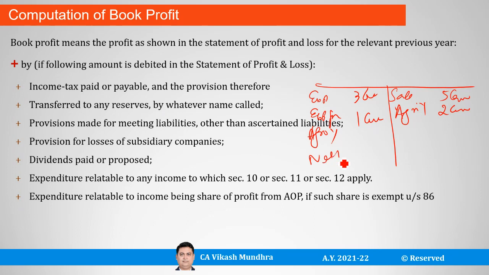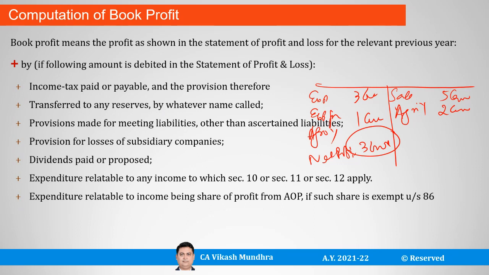And my net profit 3 crore. If any expenditure is related to any income which is covered under section 10, 11 or 12, that is exempt, then the expenditure relating to that exempt income is required to be added back. Whether it is provision or actual expenditure, it is required to be added back.